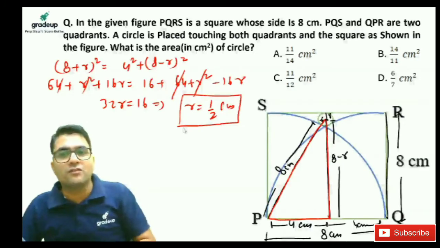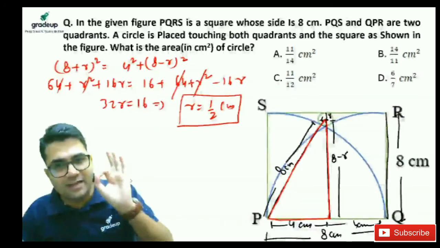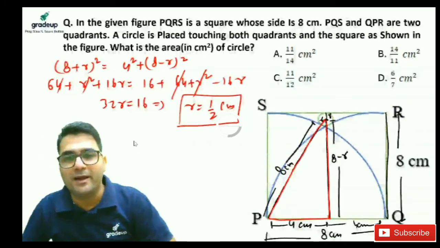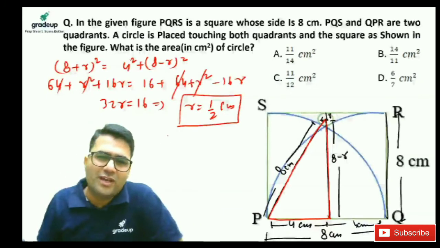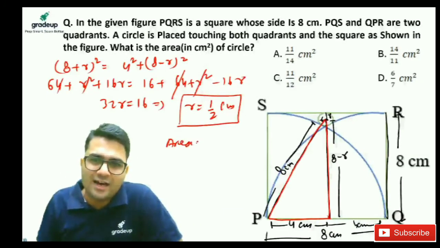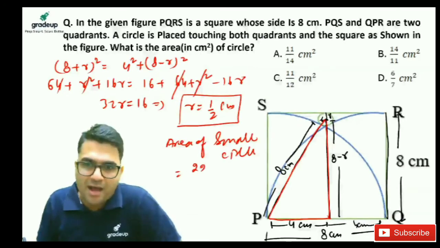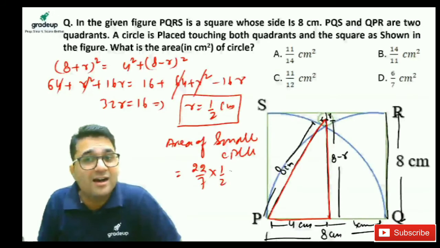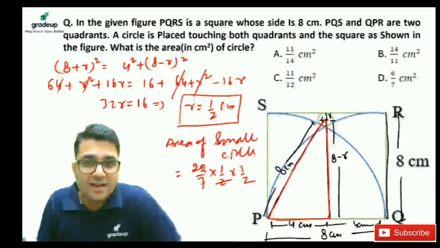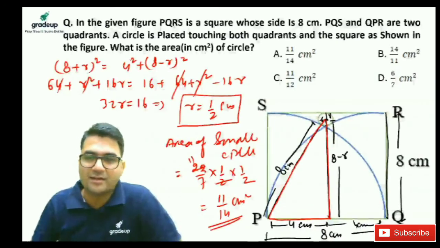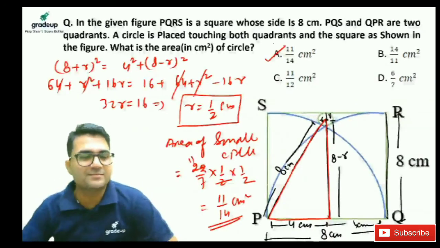So the radius of the smaller circle is 1 by 2 centimeter. Now we can easily find the area of the small circle. This is pi r square, and this comes out to be 11 by 14 centimeter square.